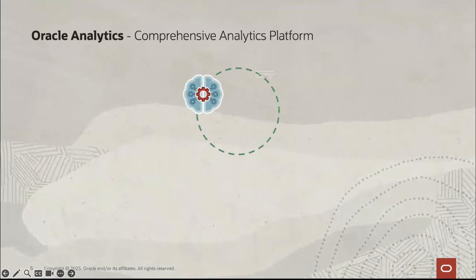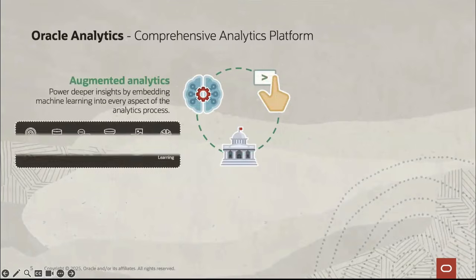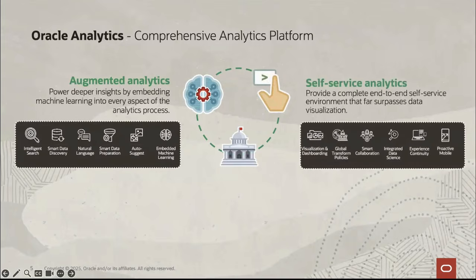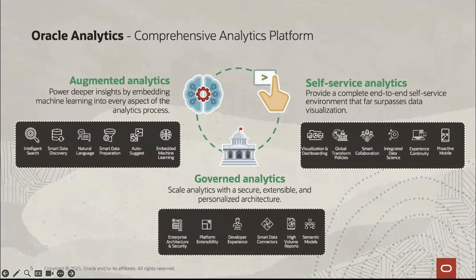So for our overview or review of Oracle Analytics Cloud, OAC can be thought of as a comprehensive analytics platform. It provides you with capabilities for self-service, augmented, and governed analytics. So typically we deal with self-service analytics when we talk about visualizations and dashboarding.